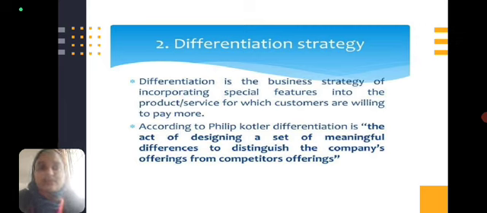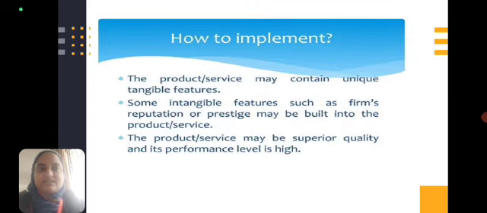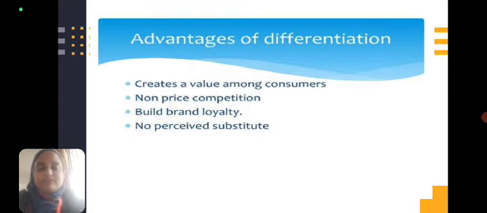That is what is going to be discussed in differentiation strategy. How to implement it? You have to bring a lot of unique things into your product, which could help in R&D and research, where they will work on this product and make it more unique than the competitors' one.